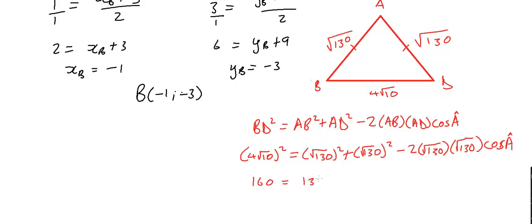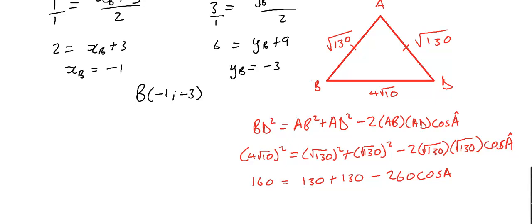This is 130 plus 130, minus 2 times 130, which is 260, cos A.